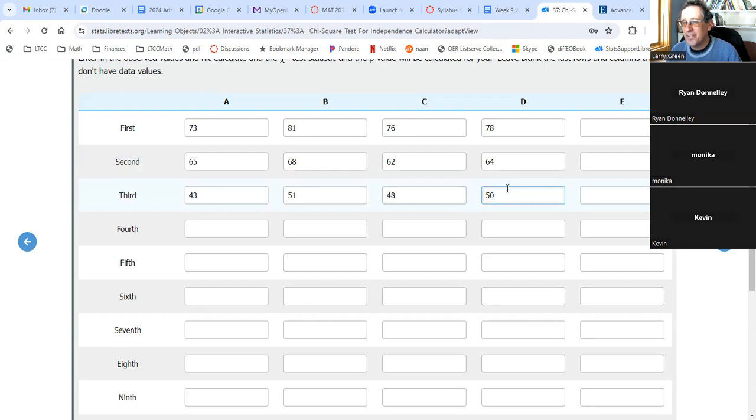Yeah, a different calculator, in particular the spreadsheet calculator that we used. The spreadsheet calculator that we use has a tab for chi-squared. And that one could handle as many rows and columns basically as you want.